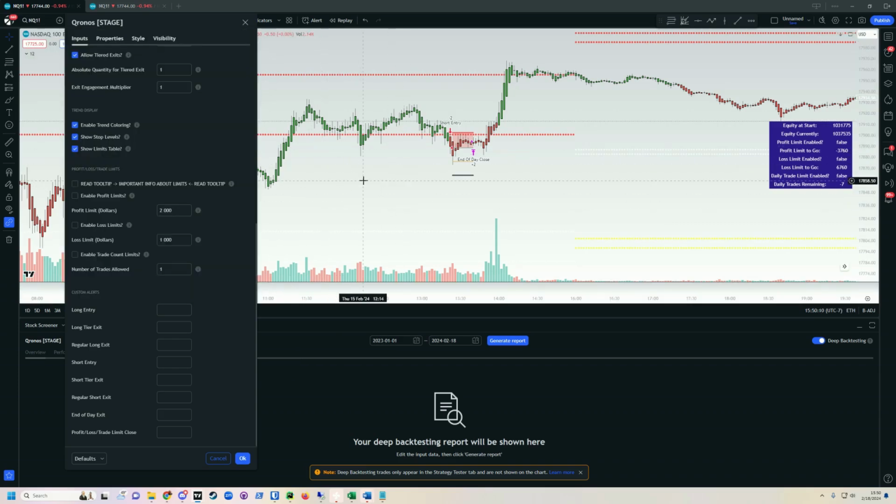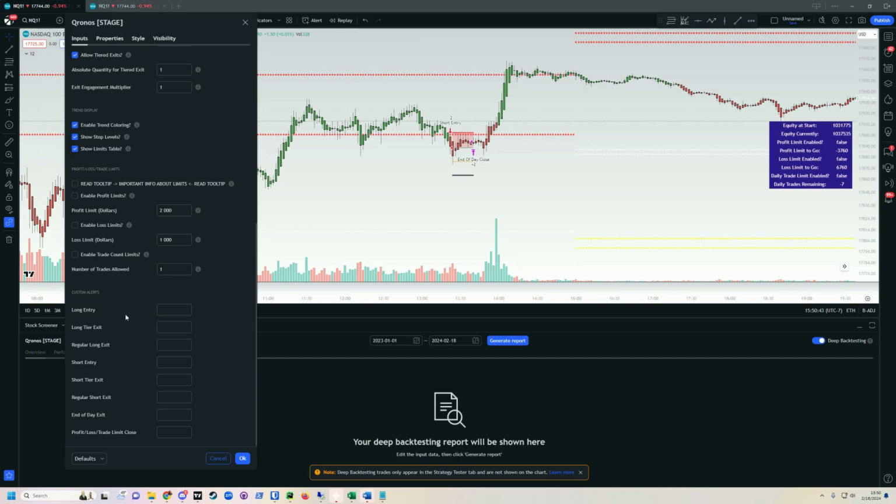So if you're running this on NQ, but then you are trading MNQ on your prop trader software, keep in mind that you're going to have to do the math to figure out what the limit over here should be if you're running an NQ contract to stop out at the right place, right? So just keep that in mind that this is dollars of the contract that's currently selected right here.